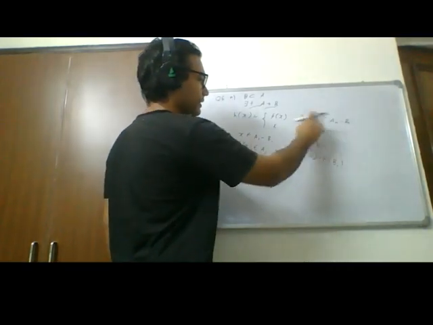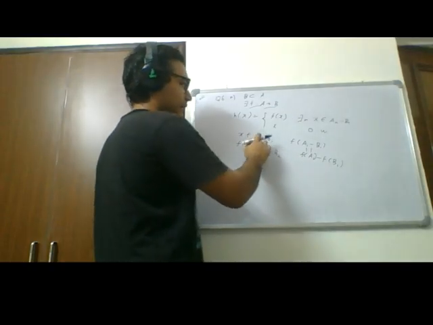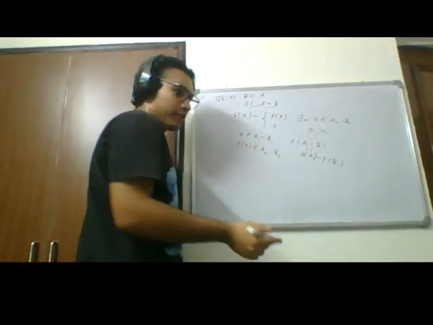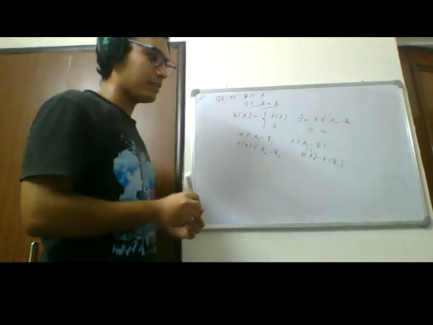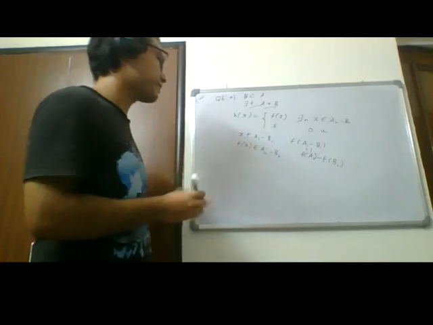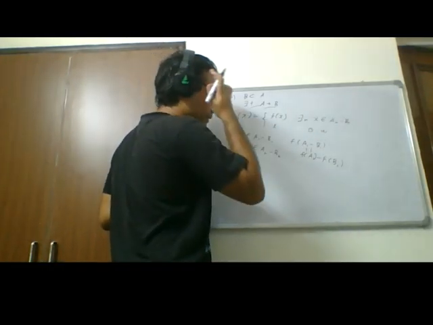So if it's true for A1 and B_n, then it's going to be true for n plus 1 too, because of f of x. So injectivity is trivial. For surjectivity, you just use the same image set principle.